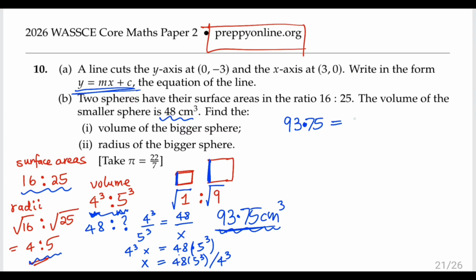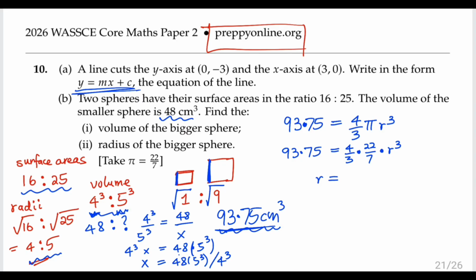Now, the formula for the volume of a sphere is 4/3 pi r cubed. So if we take pi to be 22/7, then we have 93.75 is equal to 4/3 times 22/7 times r cubed. So r cubed is what we get when we multiply both sides by the reciprocal of that.